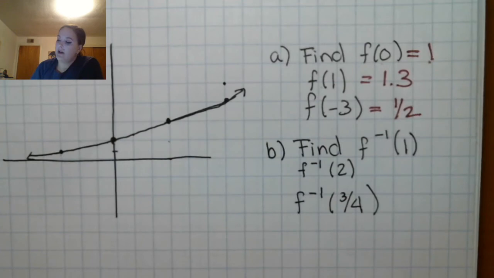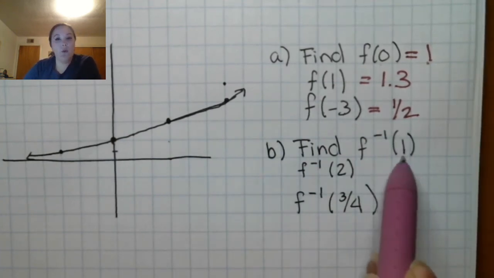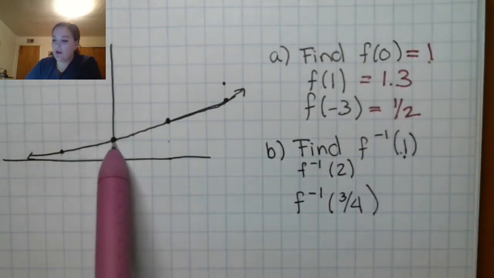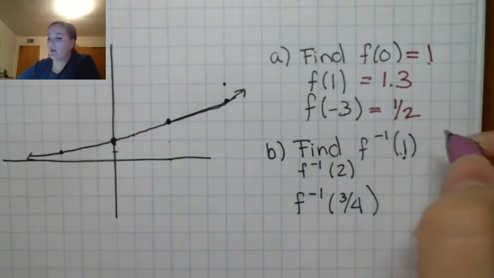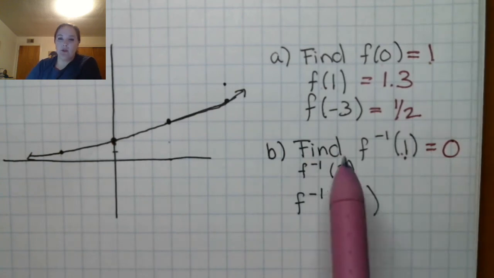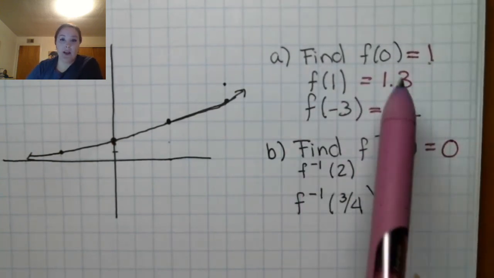Now for the inverse function, we're intaking y values, so we're looking for the y value 1. Here's the point with the y value 1, and we're going to give the corresponding x value, which is 0. Now if you look at this and this, these are both referring to the same ordered pair.